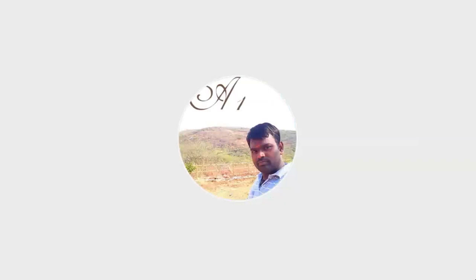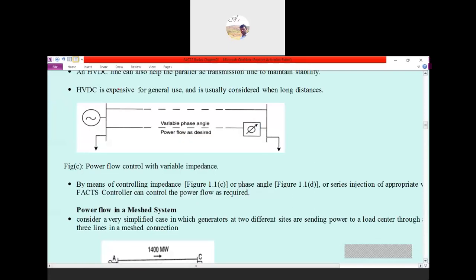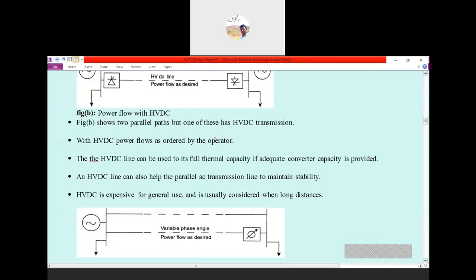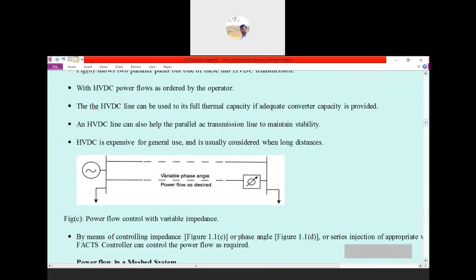In this one, whatever AC is there is converted to DC, and we have 400 kV, 500 kV, 750 kV DC transmission.